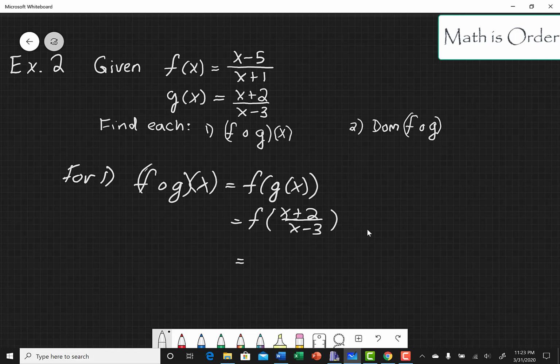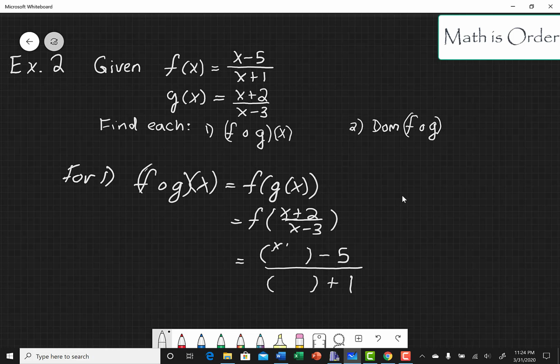So what is f, first of all? F is something minus 5 over something plus 1, right? So I'm substituting in for x this entire function g, right? So this is going to look a little sloppy.